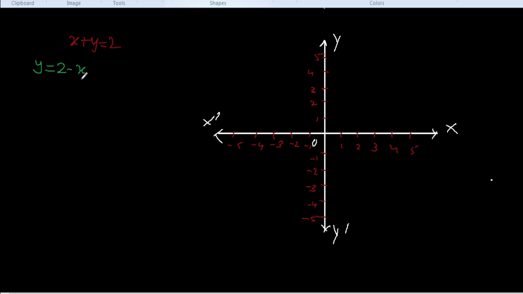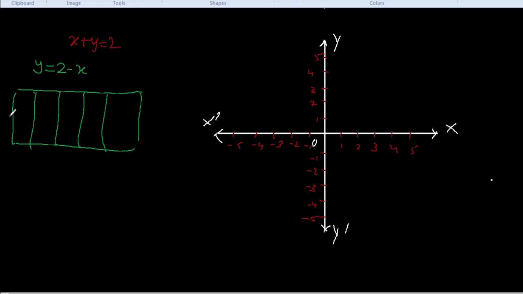So we draw, I take a table for this. You see here we are taking different points on this, like this is the x and this is y. If I put x is equal to 0, then I will get y is equal to 2.